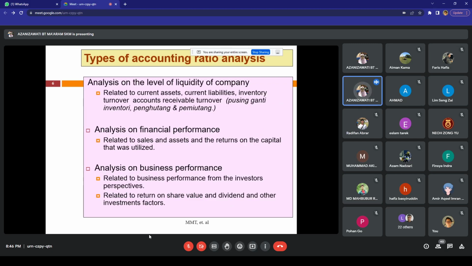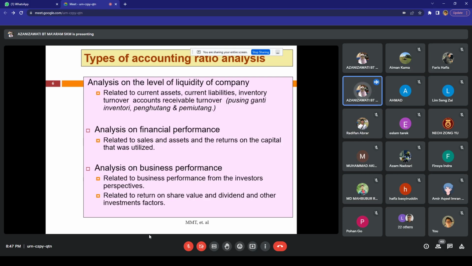So, the types of accounting ratio analysis. We have analysis on the level of liquidity of the company, where we will check current assets, current liabilities, inventory turnover, and whether the assets or the cash of the company is high or not.